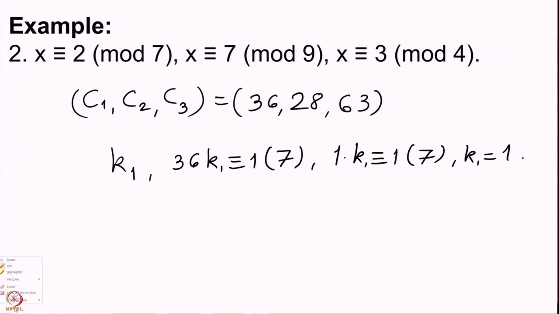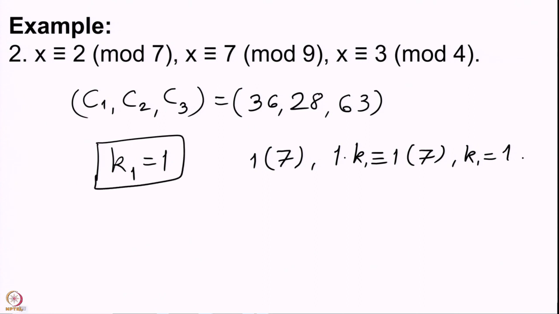So, I get the final answer that K1 is 1. I will solve similarly for K2, which should have the property that 28 K2 should be congruent to 1 modulo N2, which is 9, but 28 already is 1 mod 9.